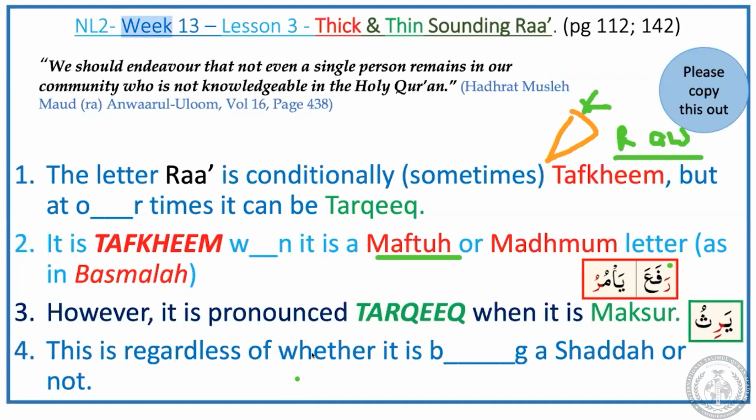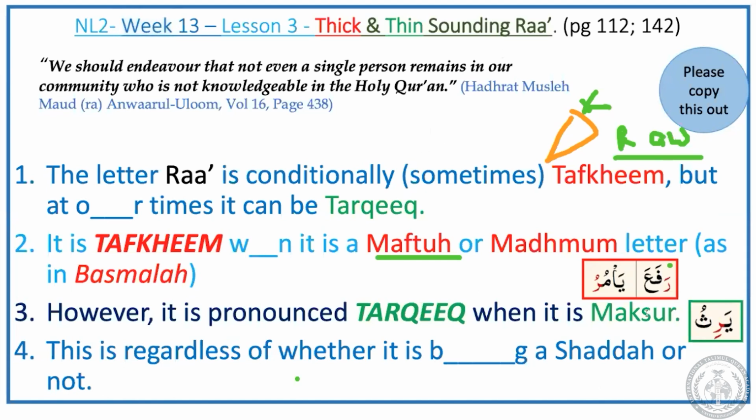This is regardless of whether it is bearing a shadda or not. You know what a shadda is, don't you? Shadda is the little W sign on top of a letter.